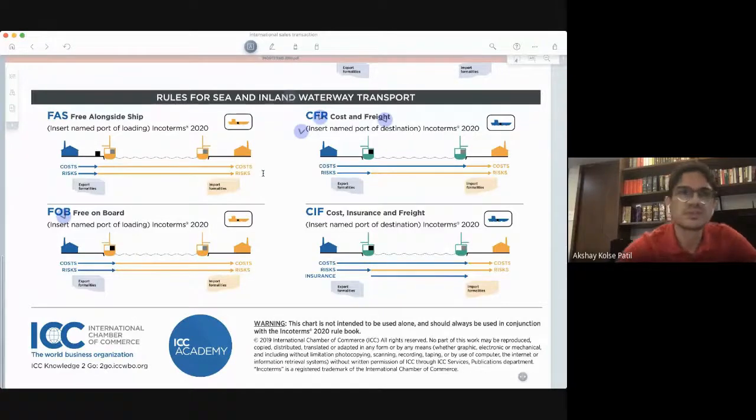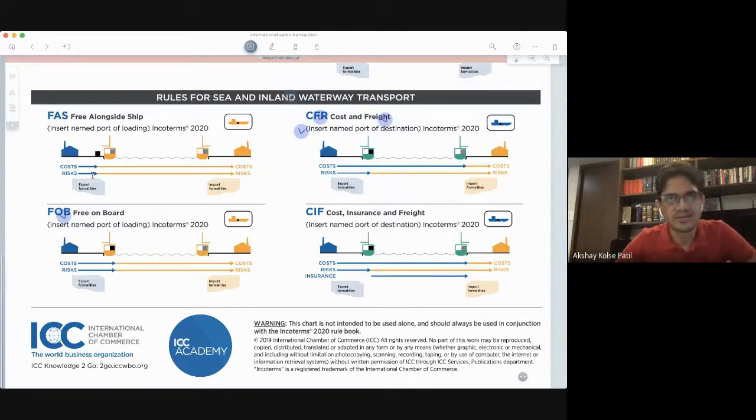Now, if you see from this graphic, the seller is in blue. He will bear the cost and the risk of only transporting the goods to delivery alongside the ship. He will do the export formalities, deliver it at the port, and there his responsibility ends.